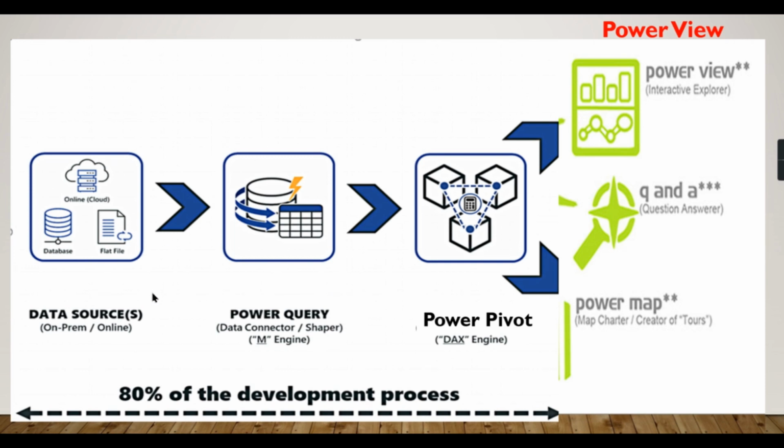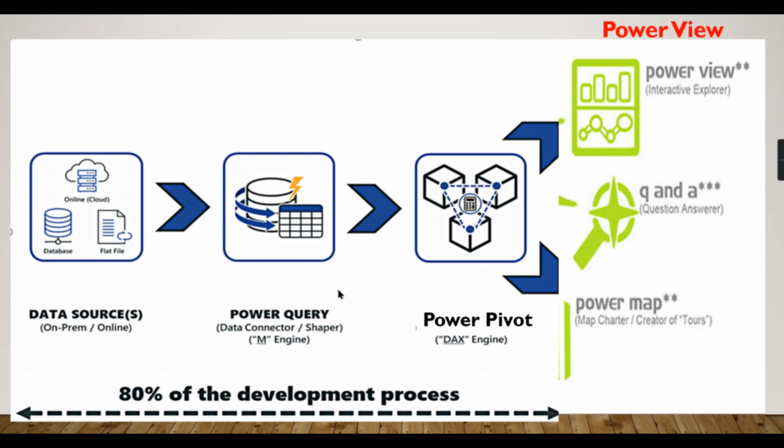As soon as you connect, you can do the transformation, and then it goes into Power Pivot. In order to create a column, you can create it either here or in the modeling layer in Power BI. Whereas in Tableau, you can create a calculated column only once, in one area, and it is stored in the Tableau report. But here there is the option of creating it in two places.